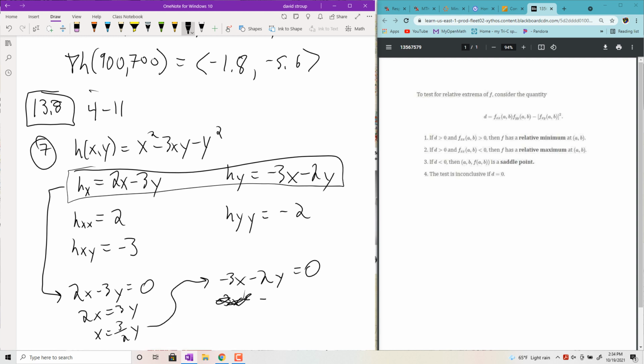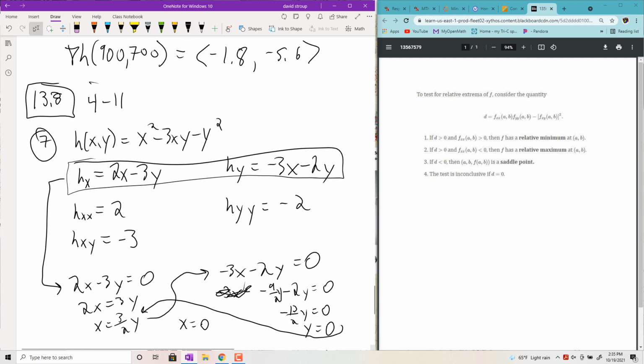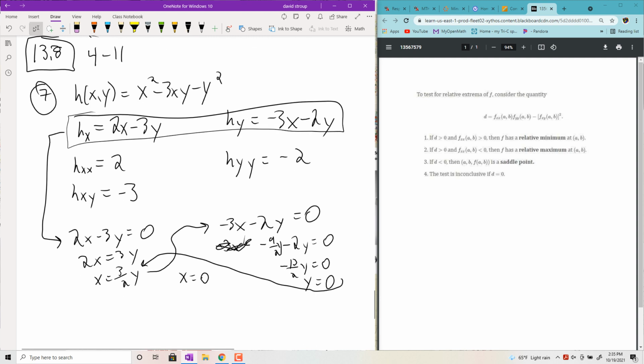So it'd be negative 9 halves y minus 2y is 0. So negative 13 halves y is 0. y is 0 ultimately, regardless of what I did. So that means x is also 0. Right, so I have some kind of point at 0, 0.